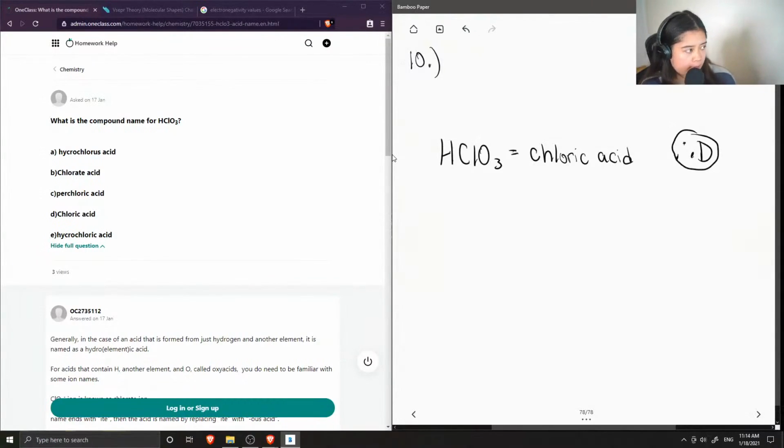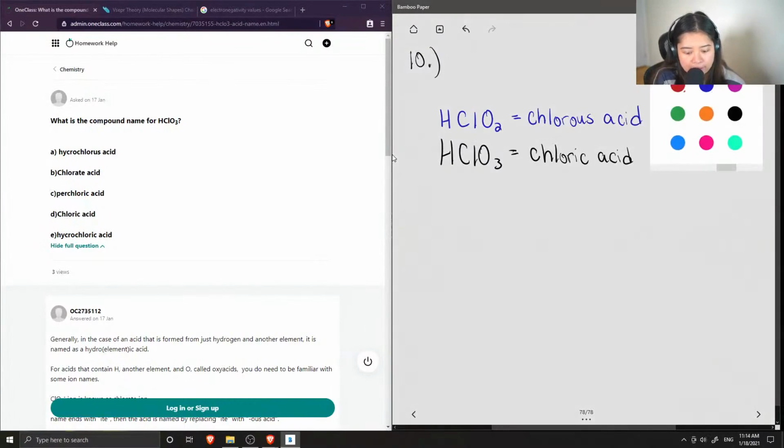And let's compare the different compounds that would give off some of the other answers in the question. When there is one less oxygen and we have HClO2, this is known as chlorous acid. And when we have another oxygen additionally lost, this is known as hypochlorous acid.